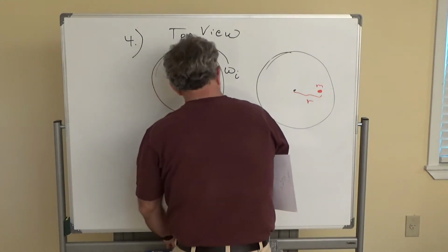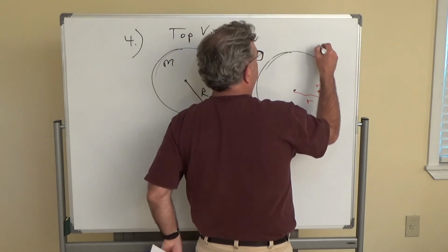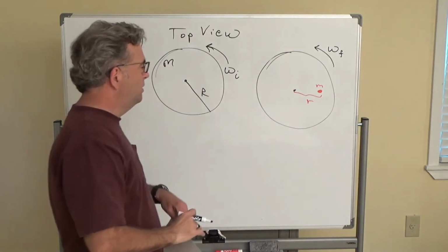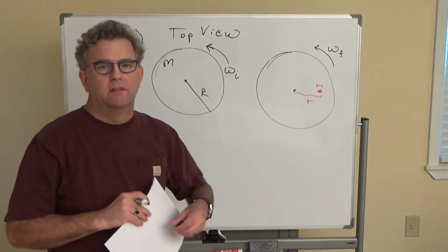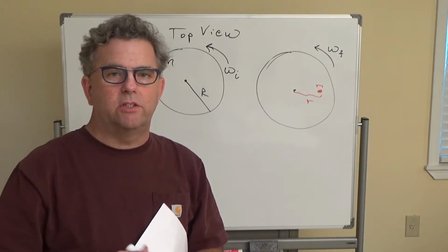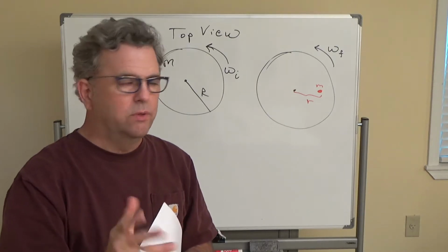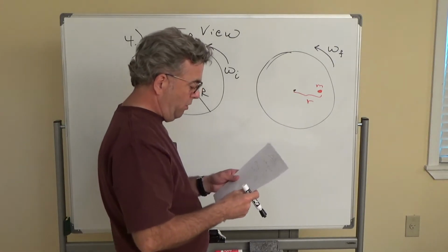But let me draw this as omega final. So this is post clay. Now the clay is stuck to it and the table has slowed down. All right. Angular momentum is going to be conserved.